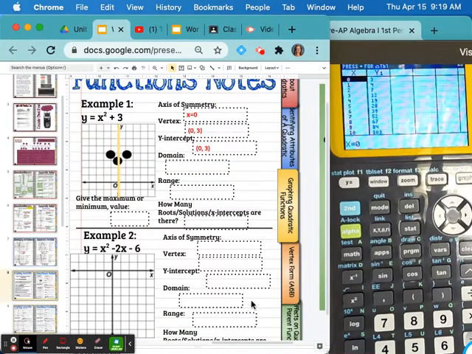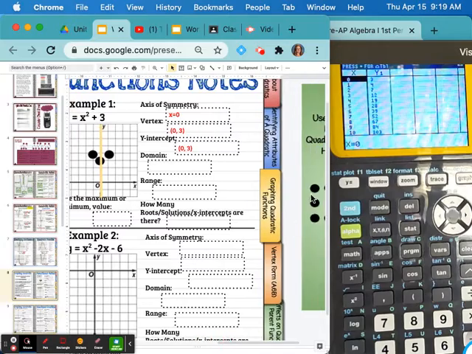Then the next one would be 2, 7. So over 2 up to 7. I'm going to grab another point. 1, 2, up 1, 2, 3, 4, 5, 6, 7. And then flip that over to the other side, over that axis of symmetry.